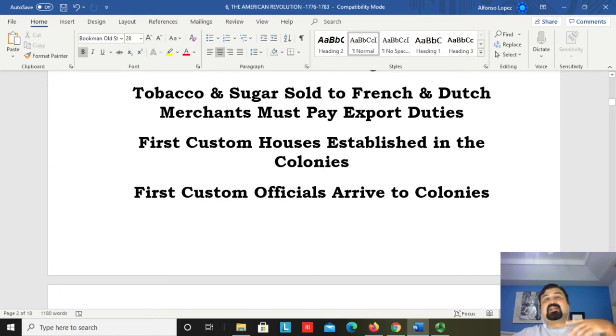the colonies were simply obeying the Navigation Acts, because there's going to be a lot of smuggling taking place. People found ways to trade with the competition.